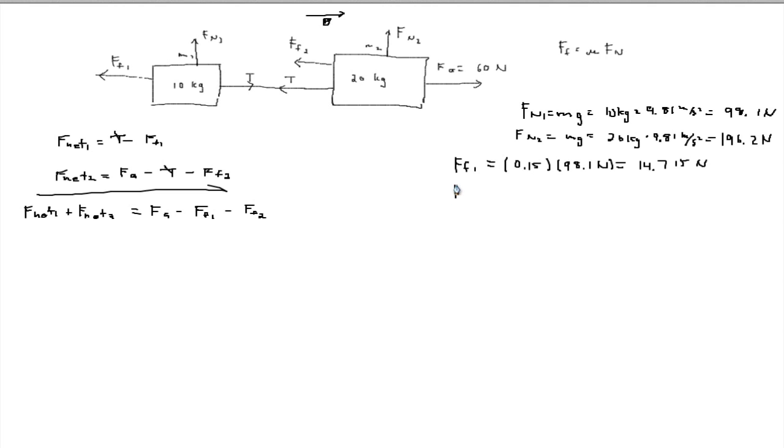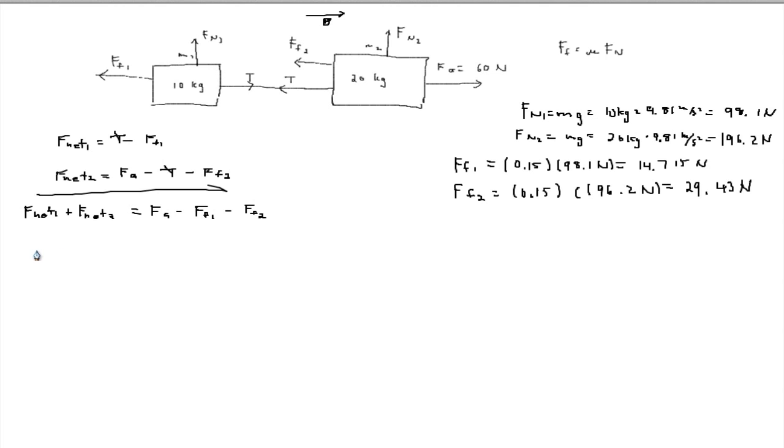And for force of friction on mass 2, it's going to be 0.15 multiplied by 196.2 newtons, which gives us 29.43 newtons.